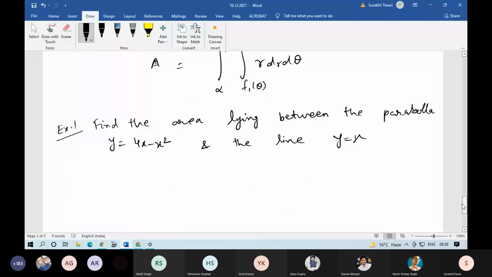So first you find out the points of intersection of this parabola and this line. What are the points of intersection? You can find in terms of y or in terms of x. Suppose we find in terms of x, then which x coordinates intersect? 0 and 3. So x is equal to 0 or 3. These are the points of intersection.